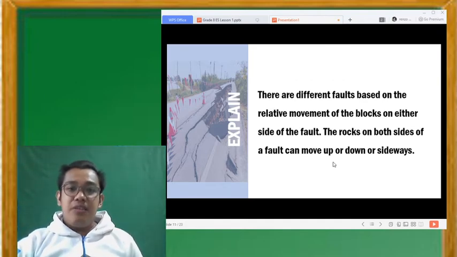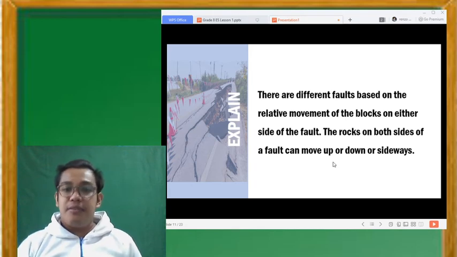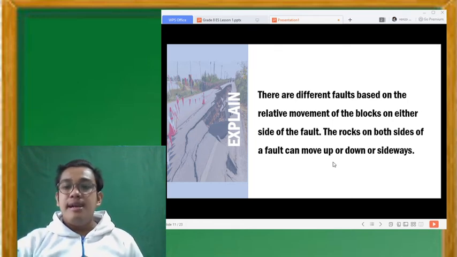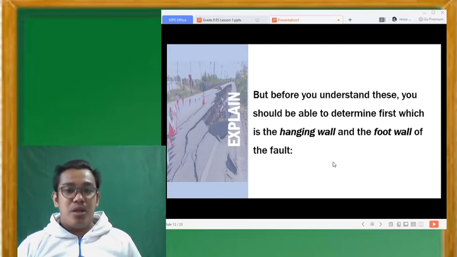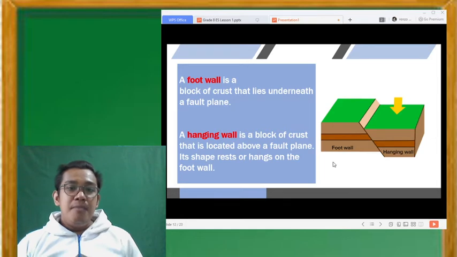There are different faults based on the relative movement of the blocks on either side of the fault. The rocks on both sides of a fault can move up, down, or sideways. But before you understand this, you should first be able to determine which is the hanging wall and the footwall of the fault. So let us describe what the footwall and hanging wall are.